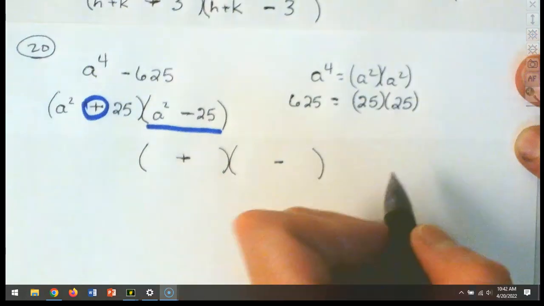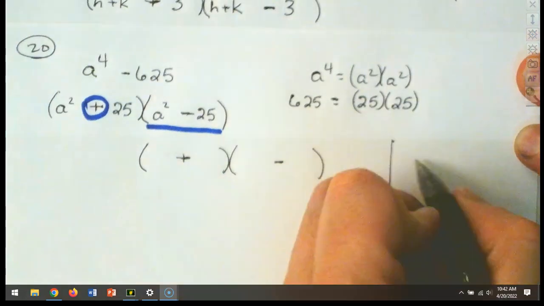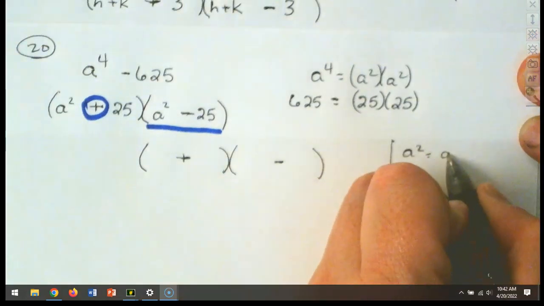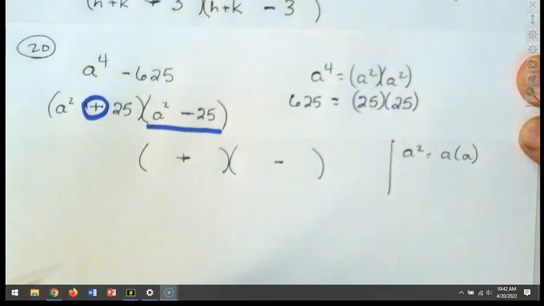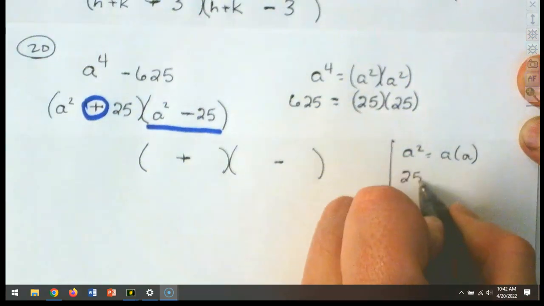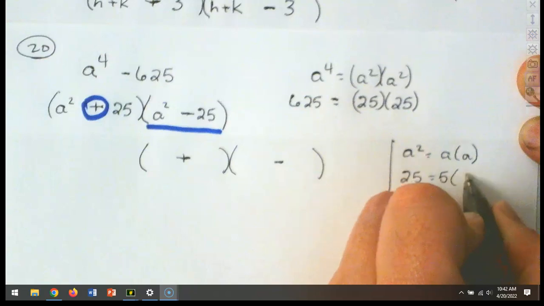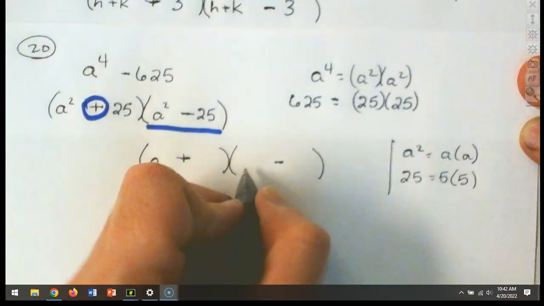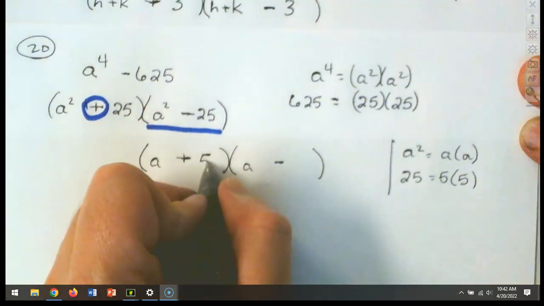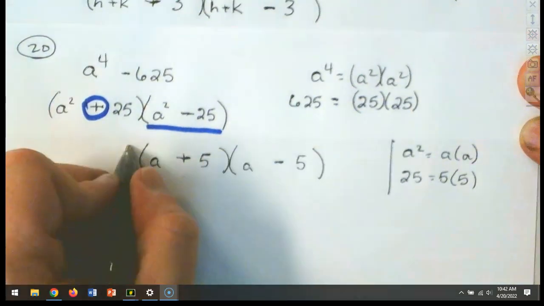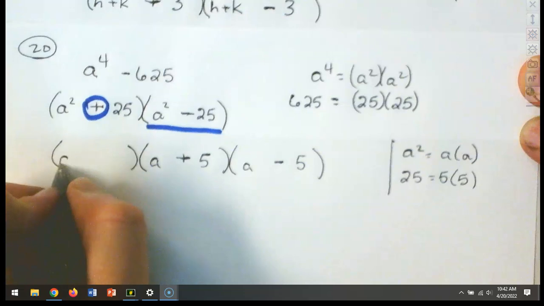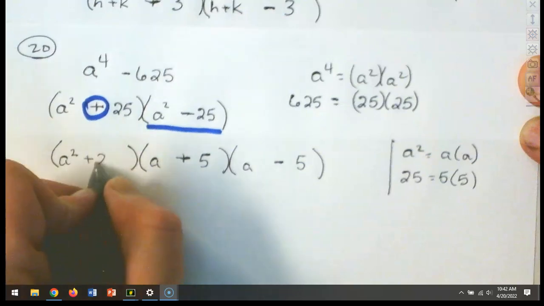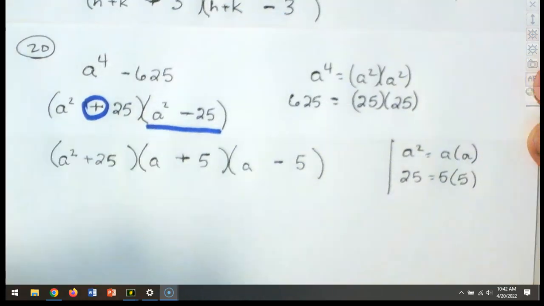So how would this one go again? Well, a squared is a and a, right? And 25 is 5 and 5. And so that's going to be an a and an a, 5 and a 5. And do not forget about the first piece, which is a squared plus 25.